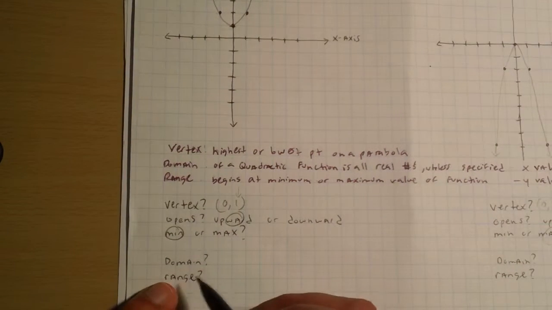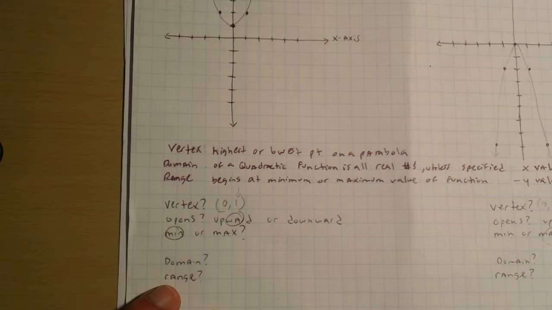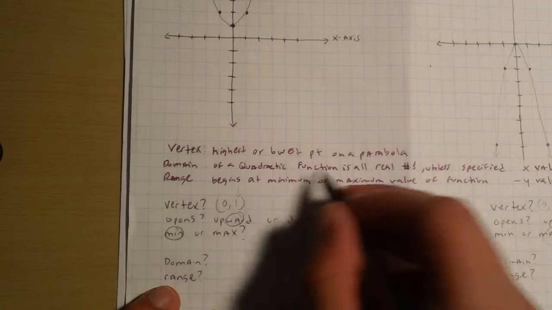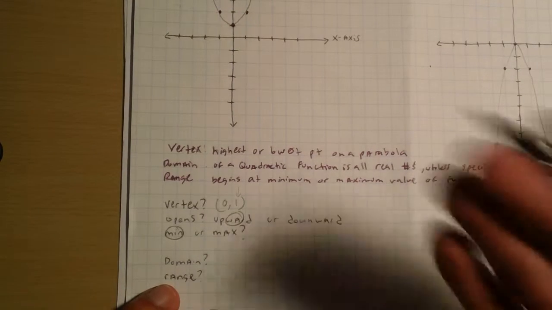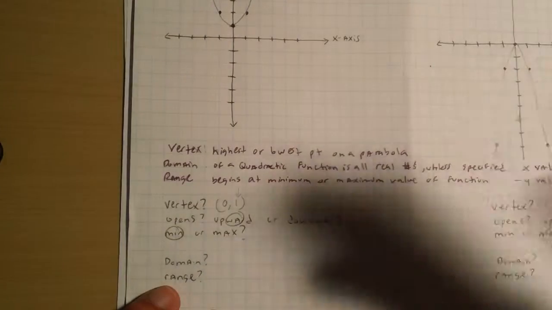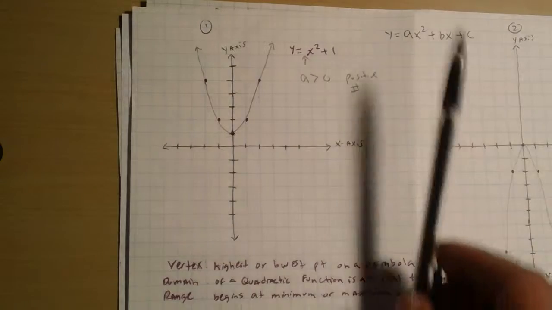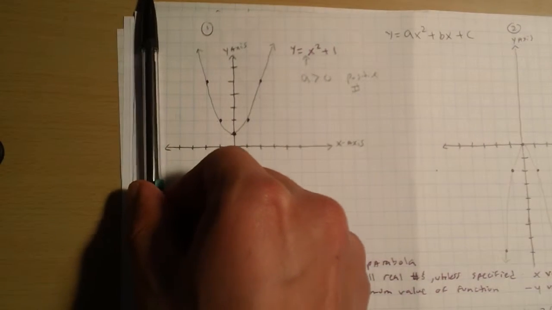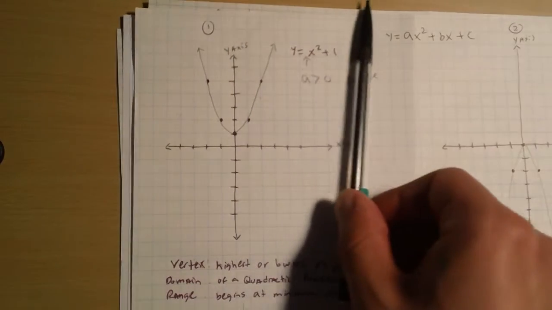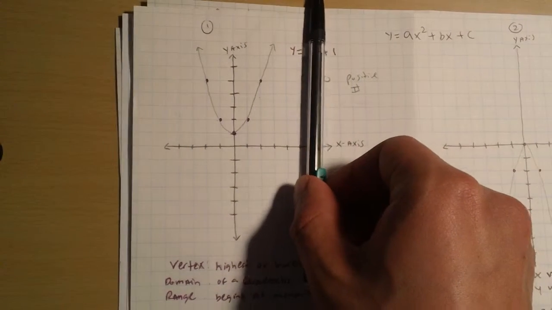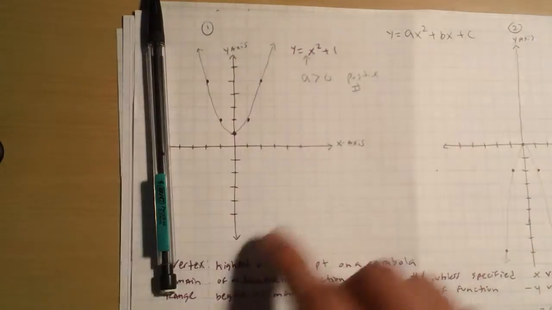Now what I want to talk about is the domain of a quadratic function. It's just primarily all the x values within the function. And whenever you deal with a quadratic function, you're most likely going to deal with an all real numbers case, unless you're given a specific set of numbers. Now the domain here, go ahead and run your pencil across the equation like this, and you notice that all of our x values are present.